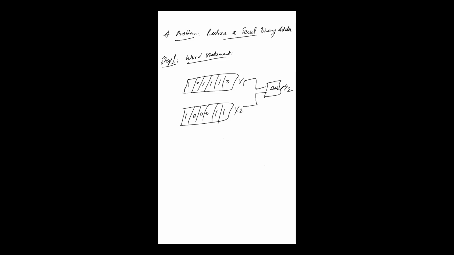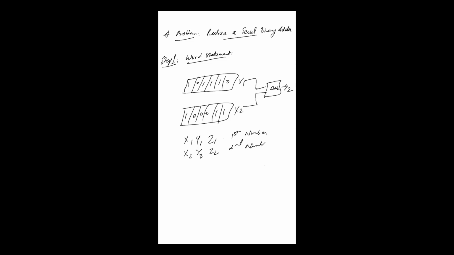How to proceed in this kind of problem? Suppose we have x1, y1, and z1, this is the first number, and x2, y2, and z2, this is the second number.